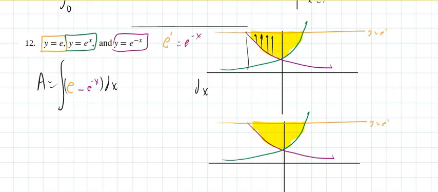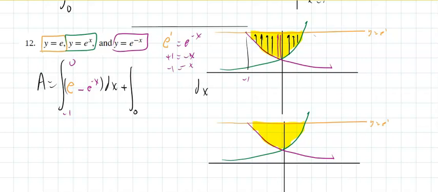So if the bases are equal, the powers are equal, x equals -1. So that's from -1. Why am I stopping at 0? Because I noticed from 0 and on, the bottom is no longer the purple. The bottom now is the green, which indicates I need two separate integrals. This problem cannot be done in one integral.